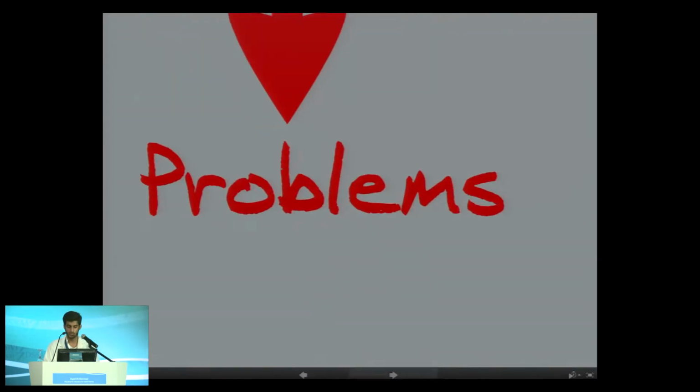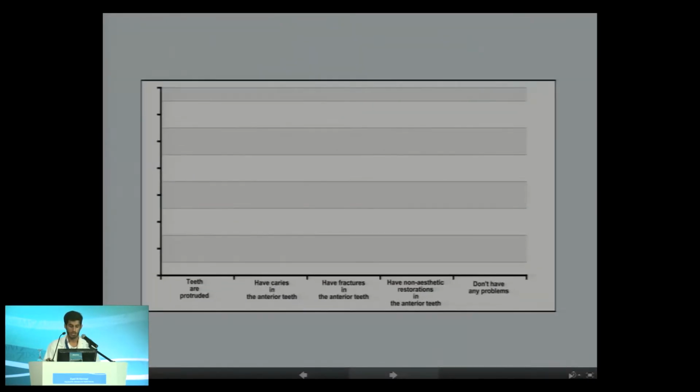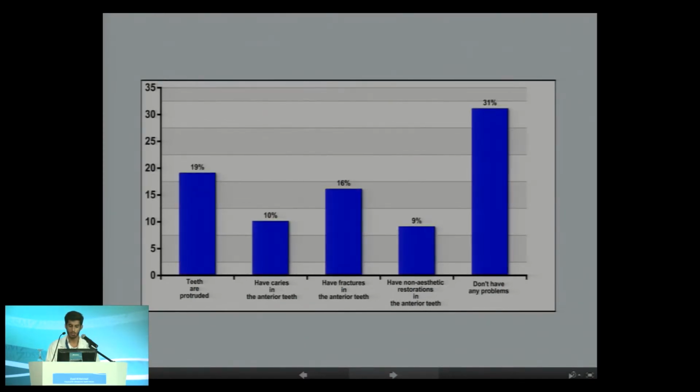And going to the problems, as you can see in this bar chart, the most common problem they're having is protruded teeth, followed by fracture in the anterior teeth. And obviously, because of the revolution of composite resin, we now have a low percentage of non-aesthetic restorations in the anterior teeth.